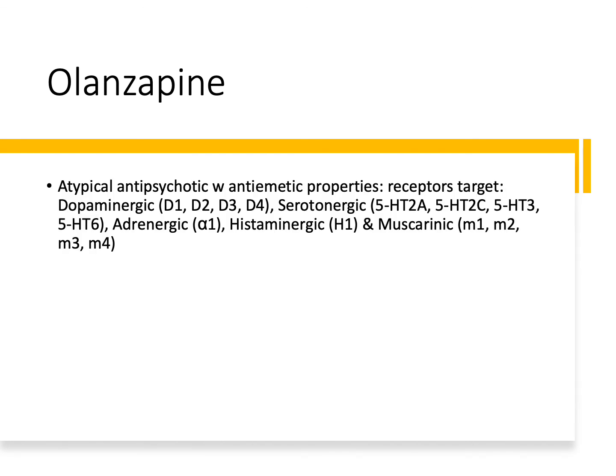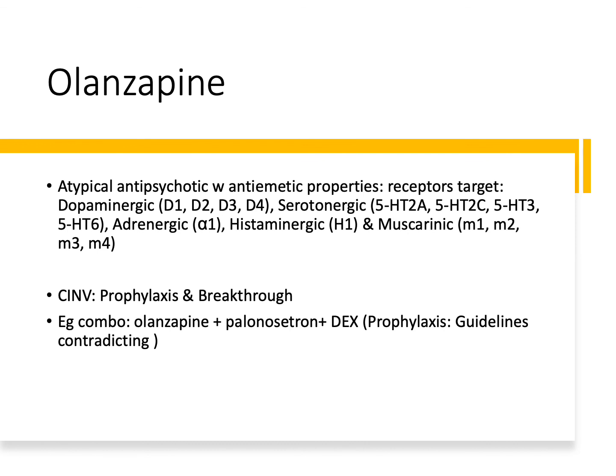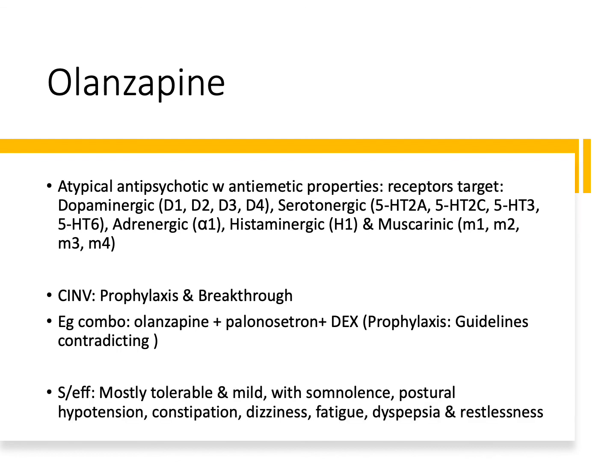It targets all sorts of different types of receptors, as listed here. It can be used as prophylaxis and also for breakthrough, again as a top up of the standard therapy. There are other combinations as well, they can use olanzapine, palonosetron plus dexamethasone. Again, a little bit of side effects.